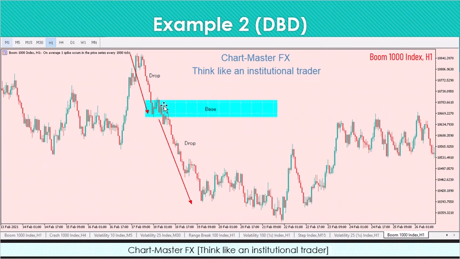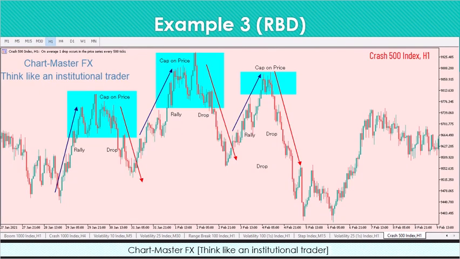Once we have a base, the price continued going to the downside, so we ended up having a drop, base, drop, which is abbreviated as DBD. So this is an example of a DBD. You need to look at these things. These are the basics of the market structure.